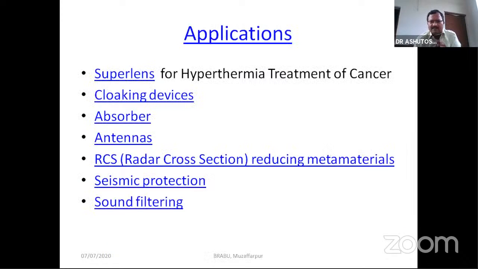Now, finally, we come to the applications of these structures. Many applications are there: super lens for hyperthermia treatment of cancer, cloaking devices, absorbers, antennas, radar cross-section reduction, seismic protection, and sound filtering.